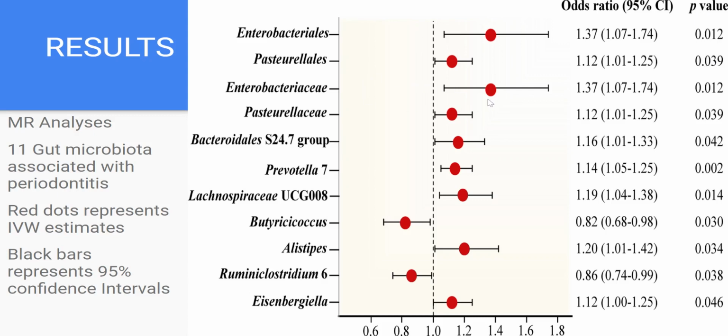The order Enterobacteriales also has a positive effect, and its odds ratio is 1.37, the 95% confidence interval is 1.07 to 1.74, and the p-value is 0.012. Pasteurellaceae has an odds ratio of 1.12, and the 95% CI is 1.01 to 1.25, and the p-value is 0.039.